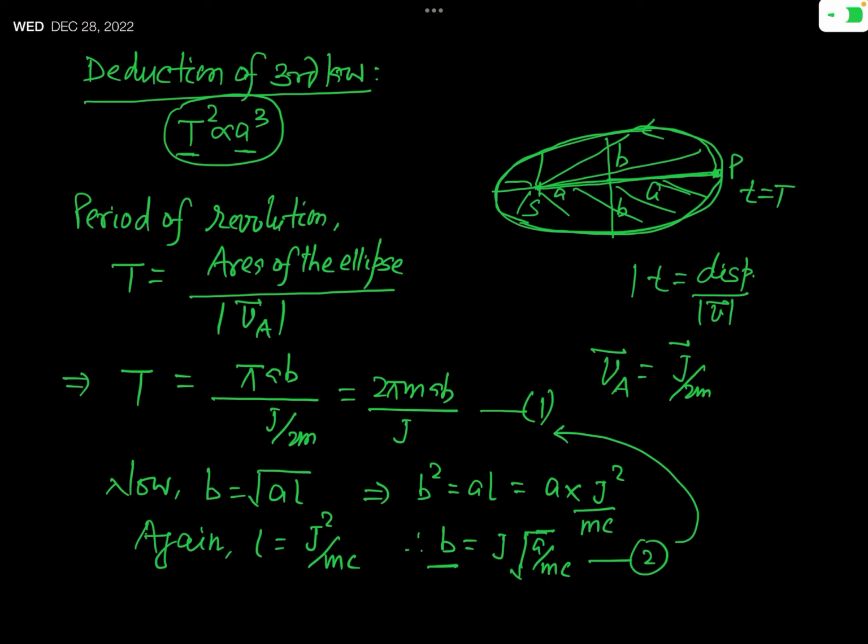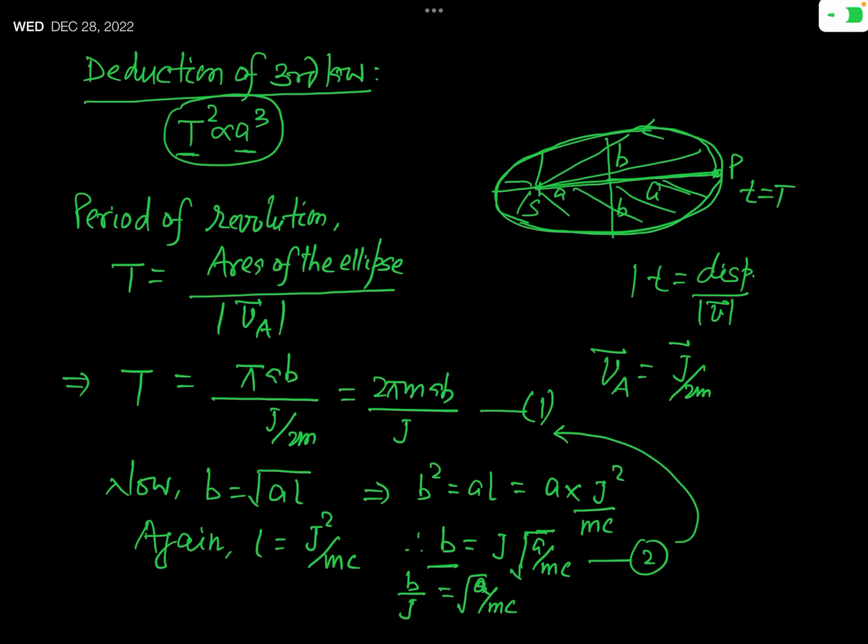Or you can also find that B by J is equal to what? B by J will be root over A by MC.